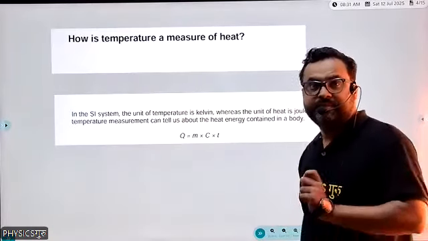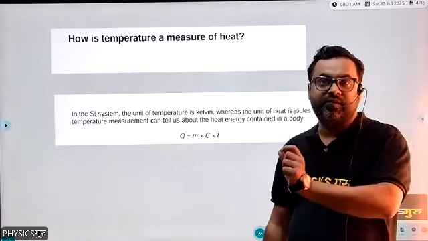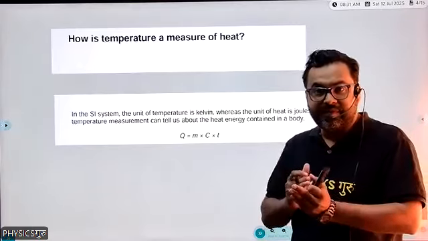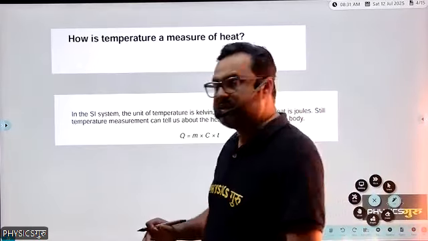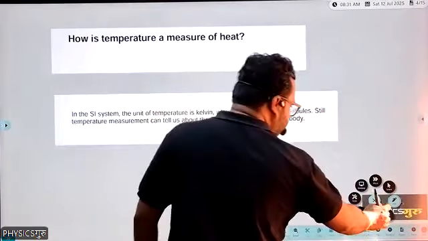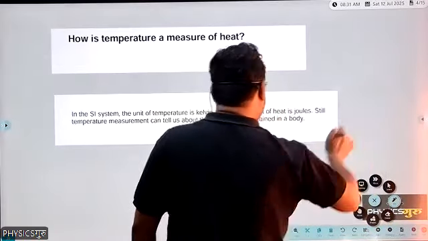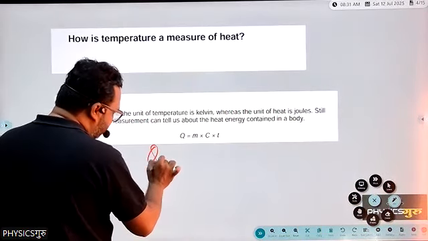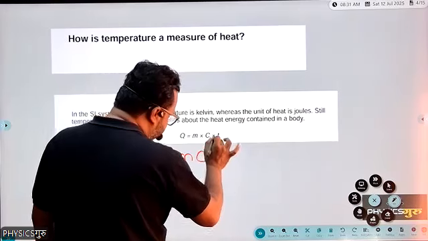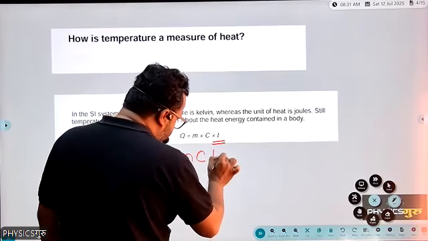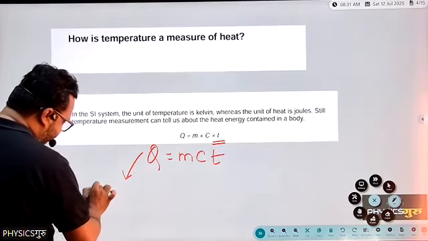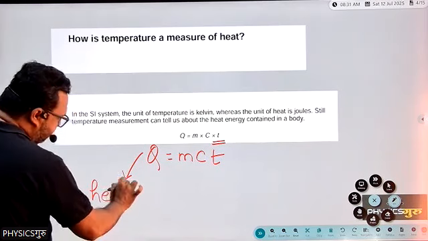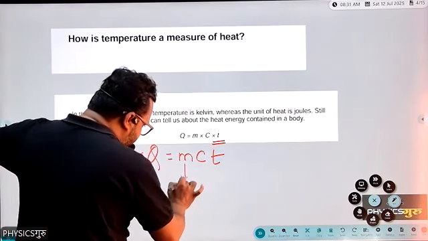Next. How is temperature a measure of heat? We have a relation between heat and temperature. If I use the result, Q is equal to mc delta T. This is the formula that you need to remember: Q is equal to m into C into delta T. Q is basically heat. M is basically the mass.